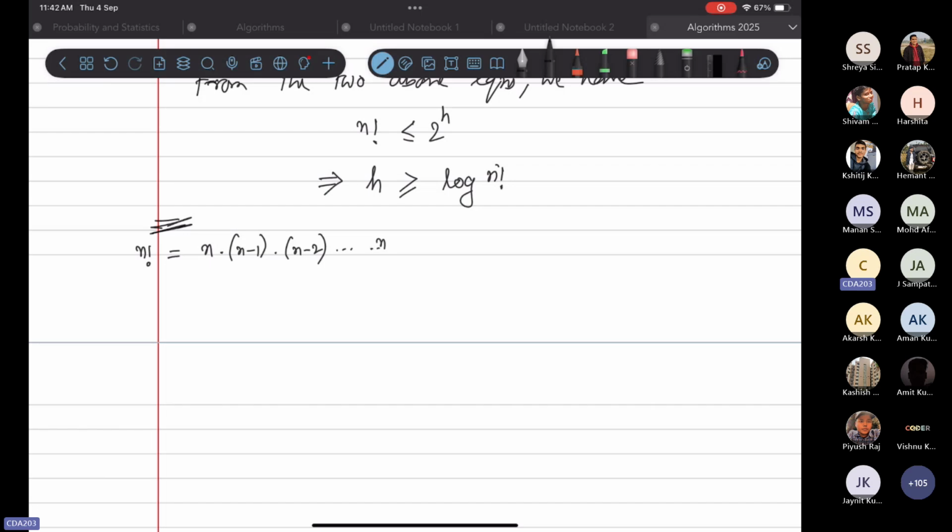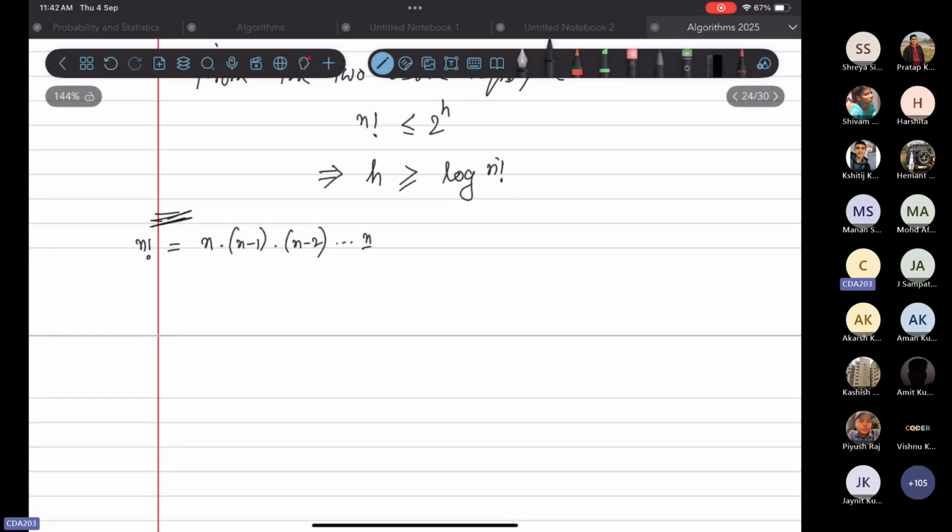All the way up to, let's say, n by 2 somewhere we'll have, and then n by 2 minus 1. I'll write the before number of it. So n by 2 plus 1, then n by 2, n by 2 minus 1, all the way up to 1.